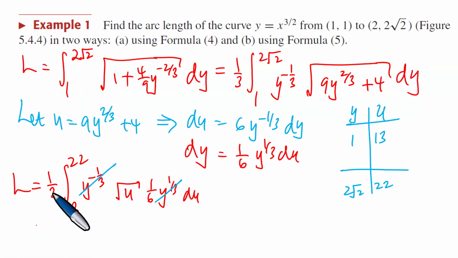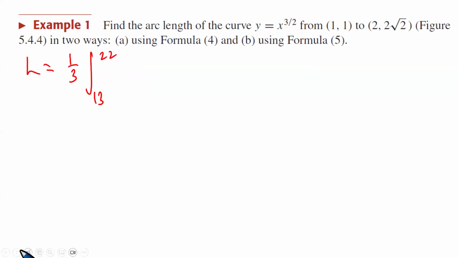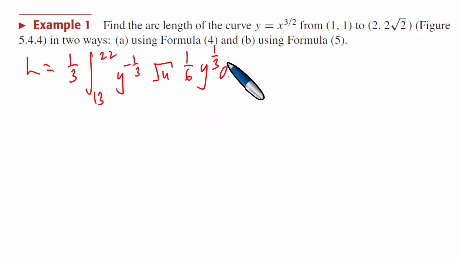And then you have 13 to 22. Y to the power that. So that you have 1/6 y to 1/3 du. So you have 13 to 22. This cancels.